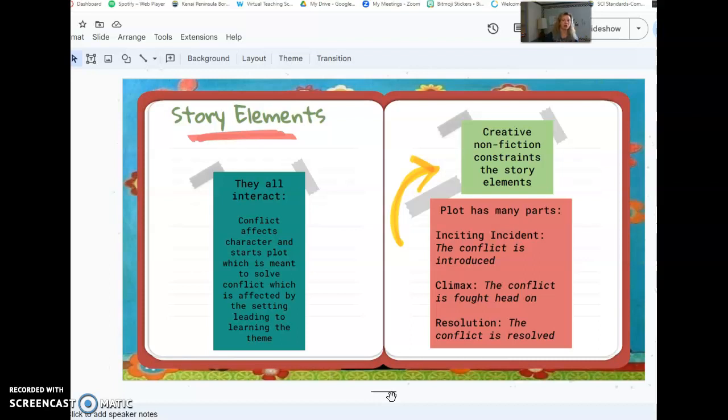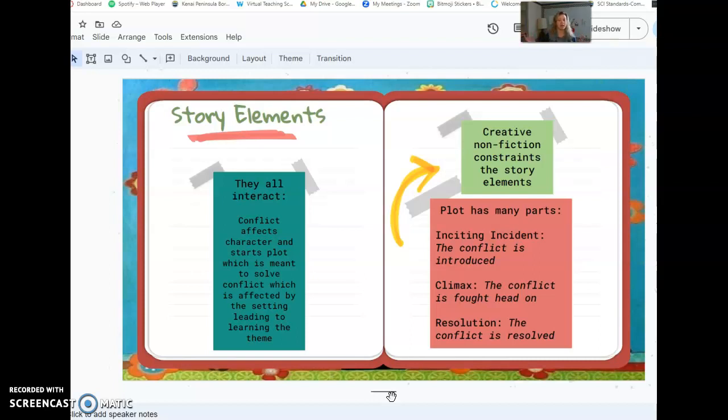But characters are the individuals that are trying to solve the conflict and acting in the plot. They are affecting the plot, but they also are being affected by other things in the plot, right? So then, this all happens within the setting. And setting can also affect the characters and how the plot happens. Say they're outside and they have to walk miles outside.